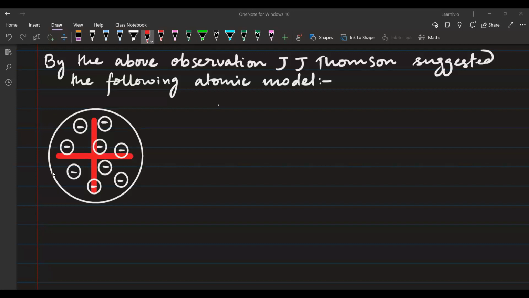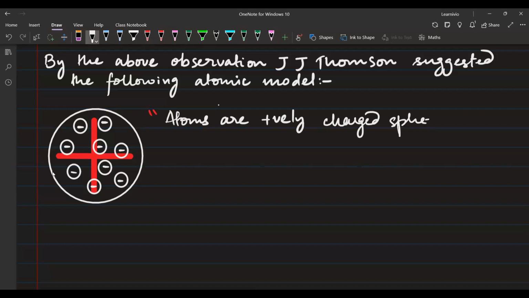So what he said was, atoms are a positively charged sphere with negatively charged electrons in it.